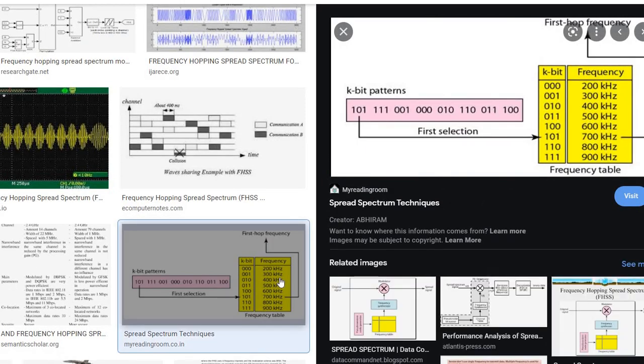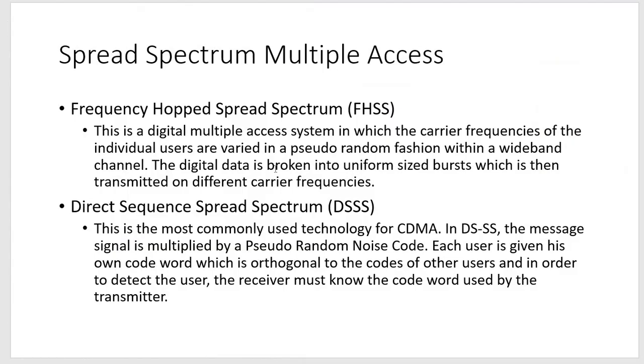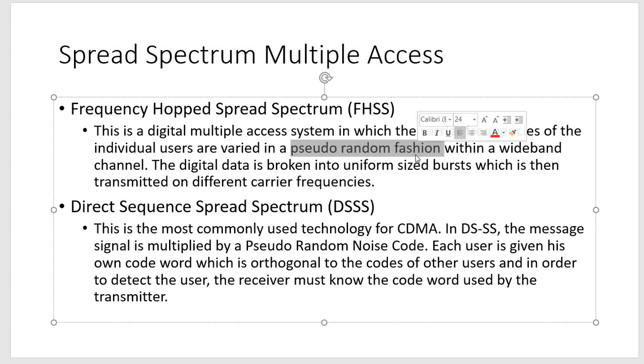Let's see in this spectrum that here we have the first hop frequency, and then the bit pattern is this one. So what is the use of this pseudo-random fashion? Pseudo-random means we have a random choice of frequency within the wideband channel.